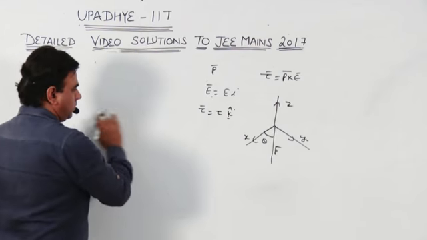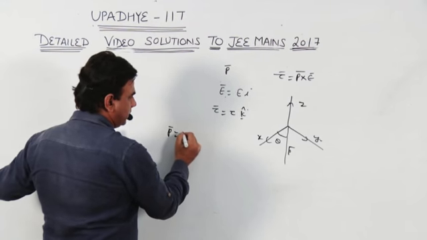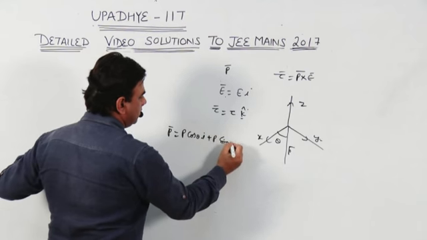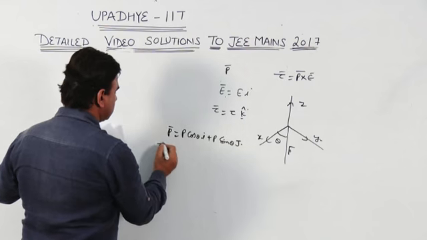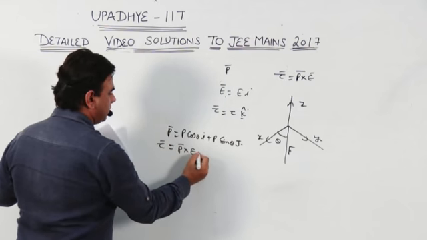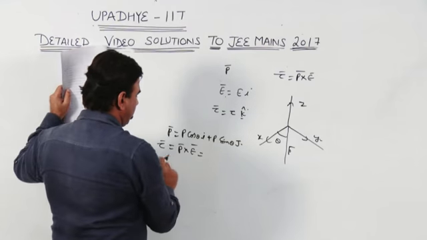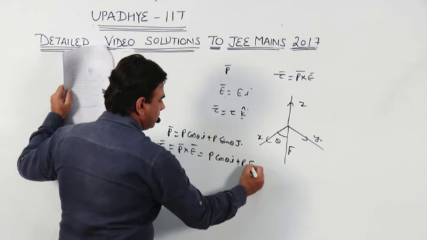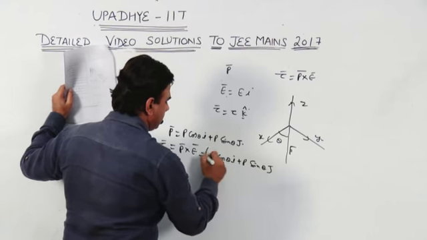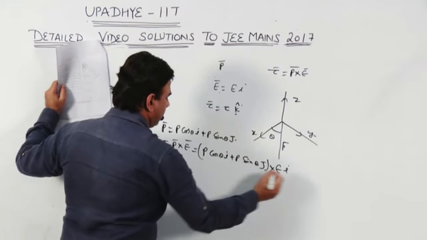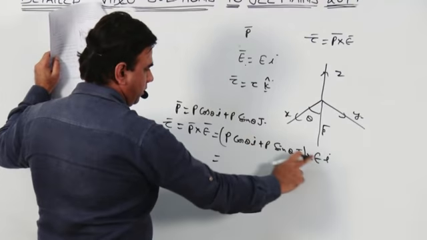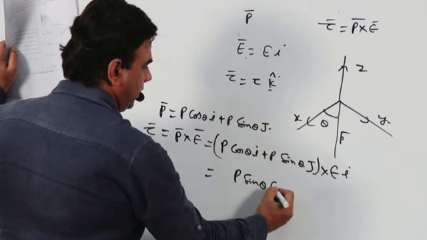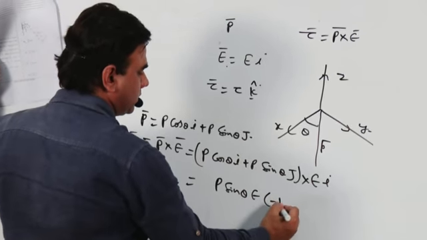So the P vector is P cos theta i plus P sin theta j, and tau is P cross E. So P cos theta i plus P sin theta j cross E i. Here i cross i becomes 0, and j cross i becomes minus k, giving minus P sin theta E k.